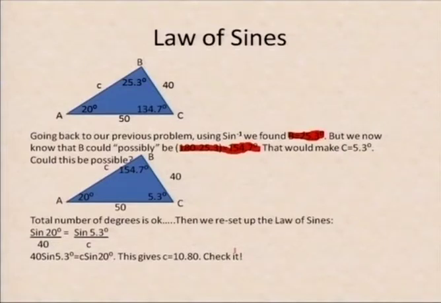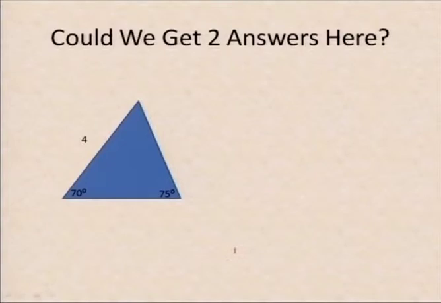So let's see whether we might get two answers here or not. Talk about that for a minute. Well, I hope you came up with the answer of no, because of the fact that that third angle is set in size. It has a size found by subtracting from 180, but there's only one possibility there because you were given the other two angles.